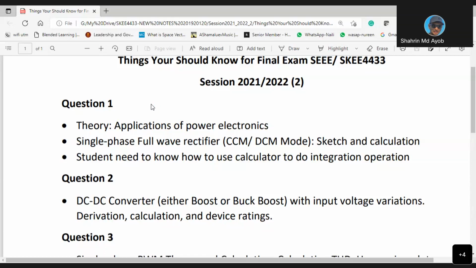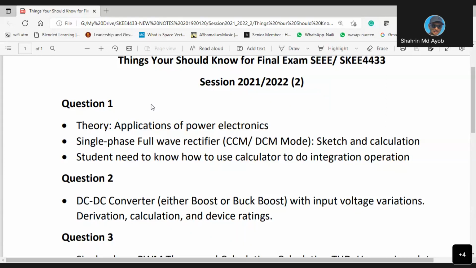And then also, this one is very important. I need to know how to use calculator to do the integration operation. Calculator ni kan, you can use it for integration. Integration to calculate the average current, average voltage, and so on. Okay, so you can practice lah.